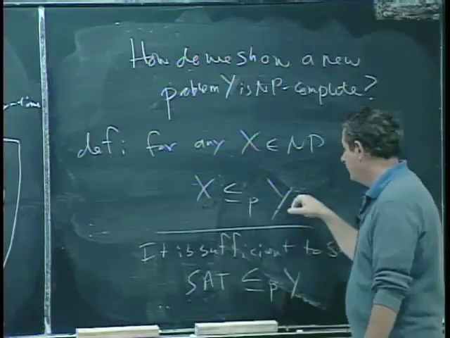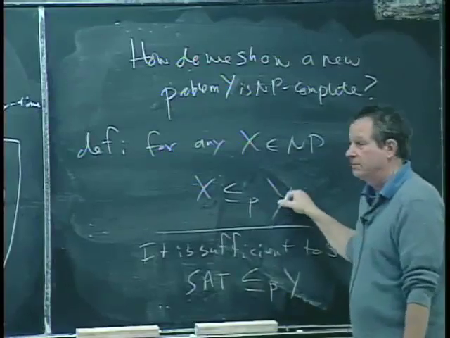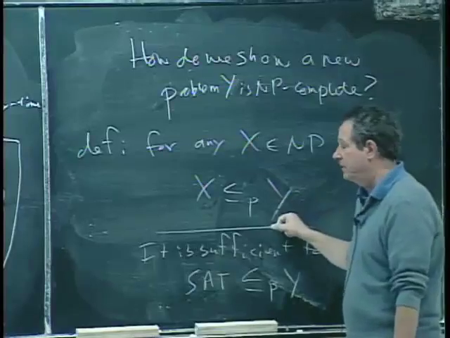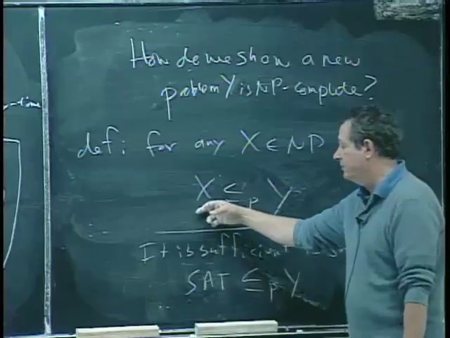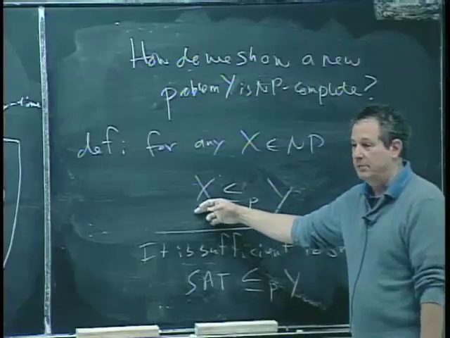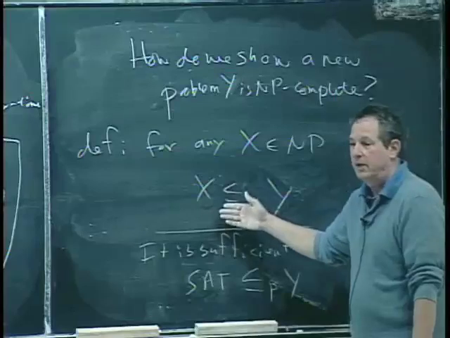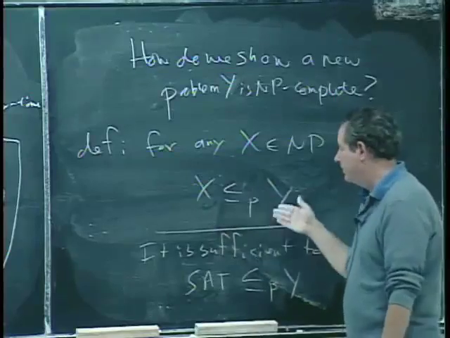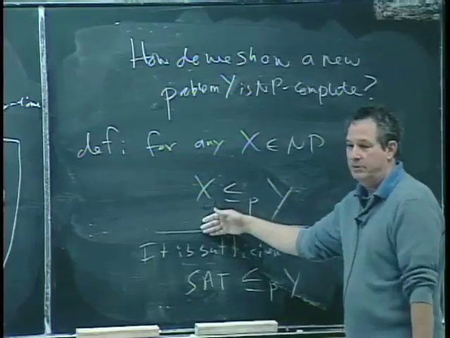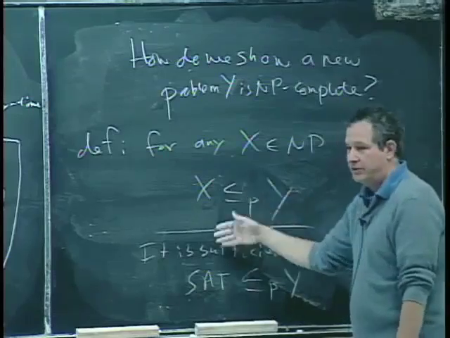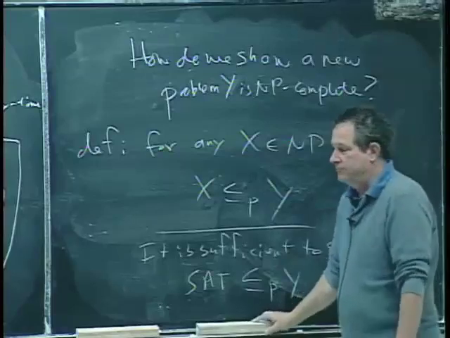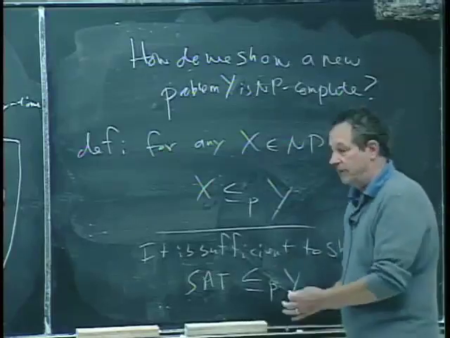If it is in NP, showing that it reduces in polynomial time to something that's NP-complete is completely unnecessary, and it's unproductive, because we know that everything in NP reduces to an NP-complete problem. So even if you come up with a clever reduction, you haven't done anything.